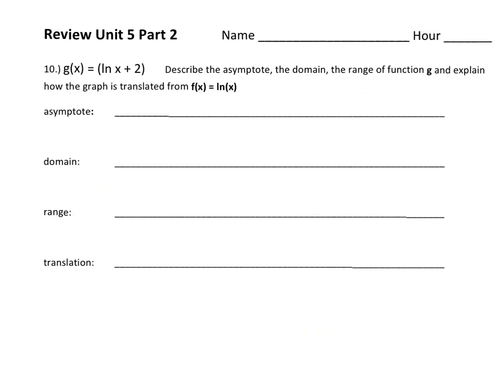Okay, for this question, you go ahead and pause me here in a moment, but I want you to first graph this parent function and then perform the translations on it. Now, just a little bit of a hint.